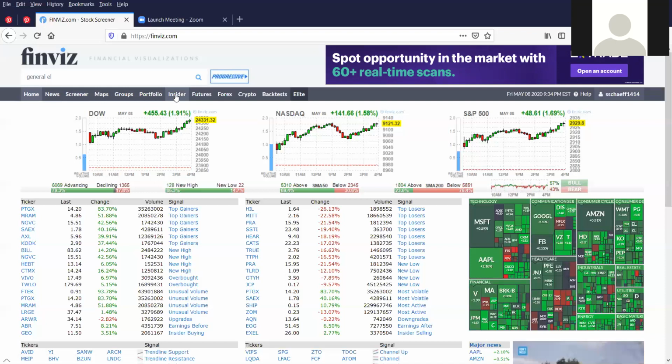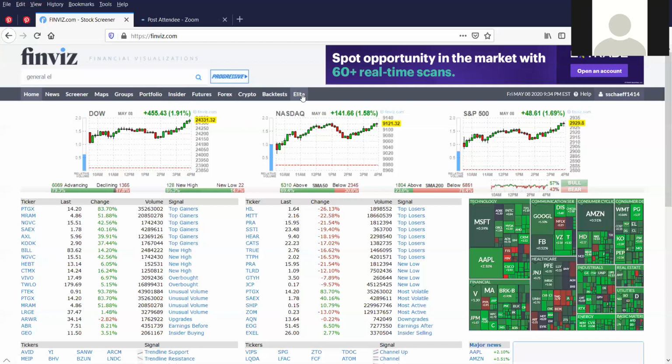There is a section on insider information, legal insider information. So that is the CEO or the CFO or the CIO buys or sells stocks. You can get to it, find out what actually they're doing. There's a section on futures and Forex, cryptocurrency, and back testing, which is a for-fee based type program.